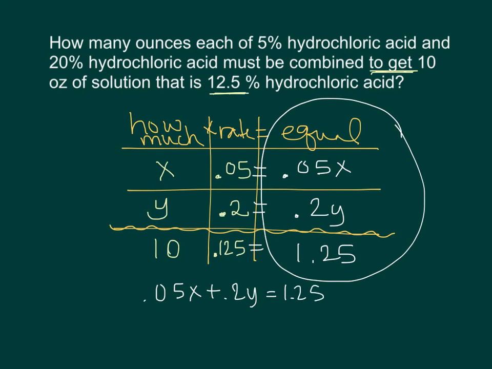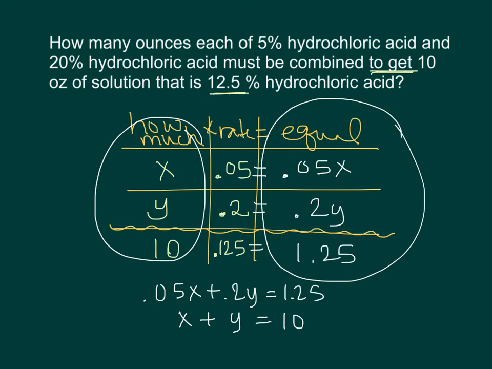Now this is great. I've got an equation, but I've got an equation with two separate variables, and that's not okay. When we have two separate variables, we have to have two separate equations. So where am I going to get another equation? Well, if you look at this column, we've got this column as well. We know that of the two solutions, we want to get 10 ounces total, giving us our second equation of x plus y equals 10.